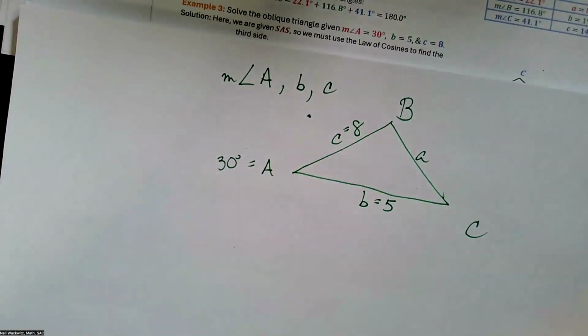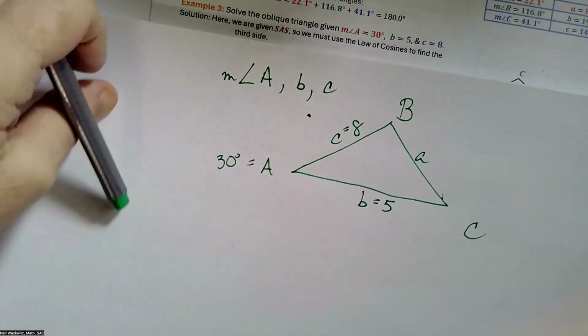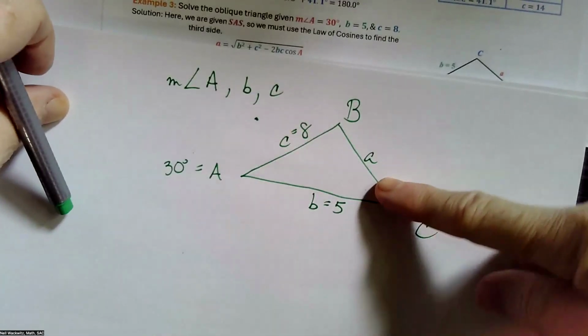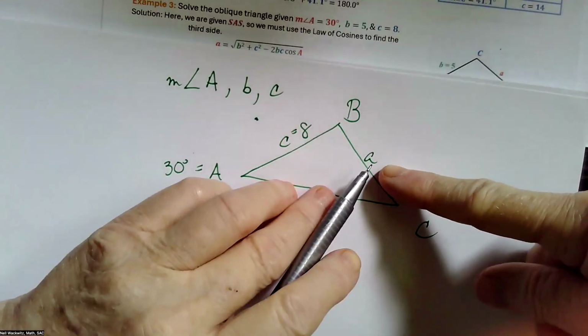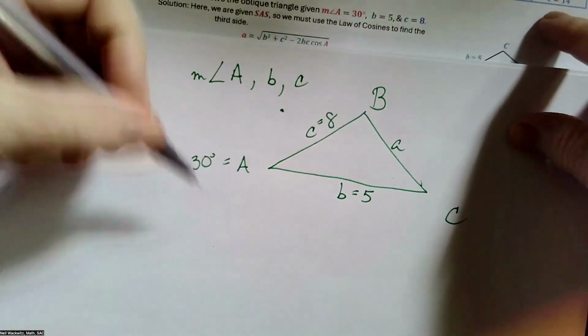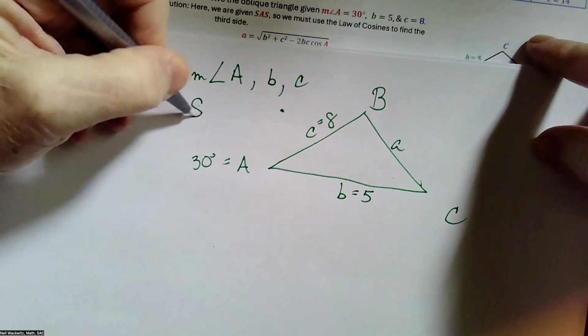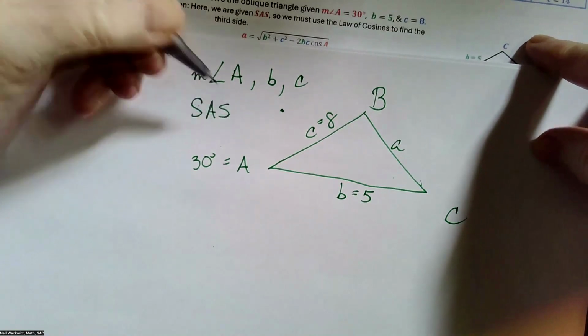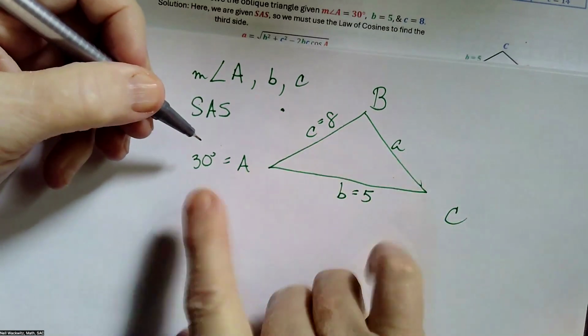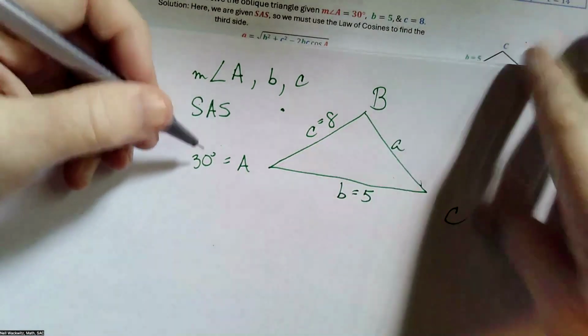Okay, beautiful. So the side I don't know is the side opposite the angle I do know. So I have side, angle, side, and I'm going to start with little a. I'm going to start with the side that I don't know.